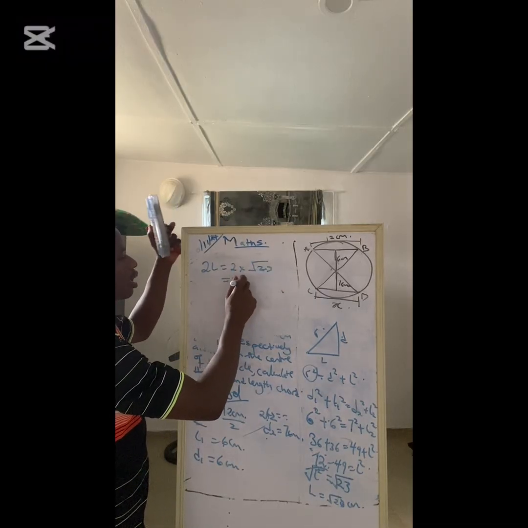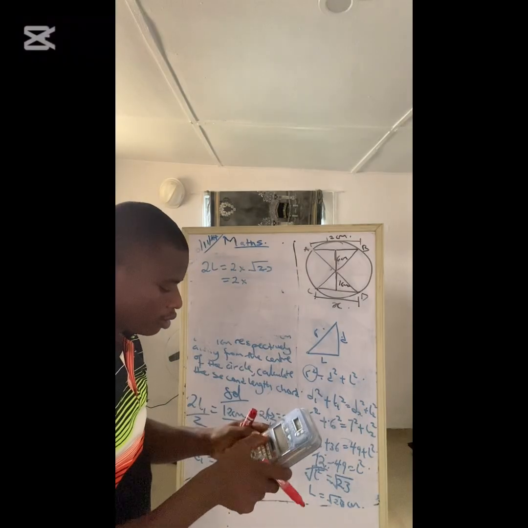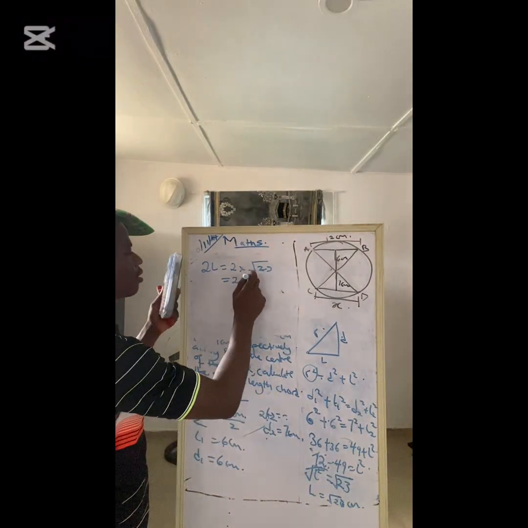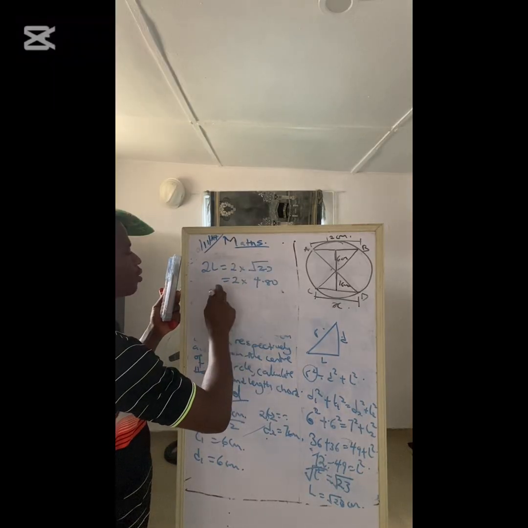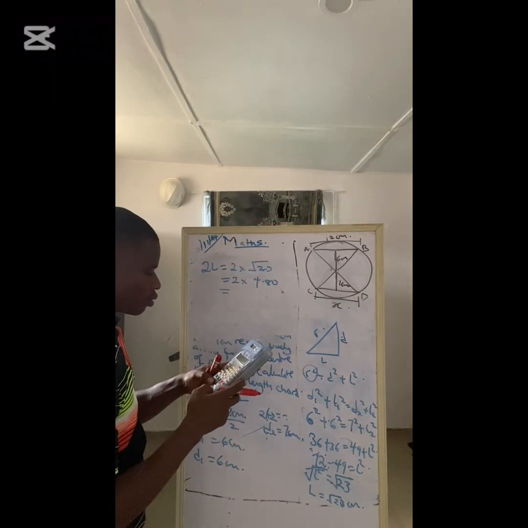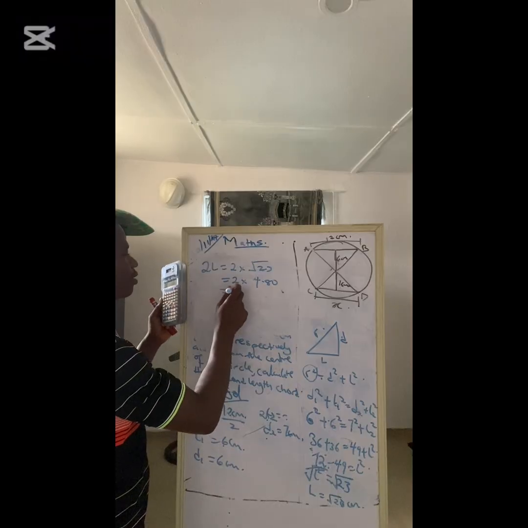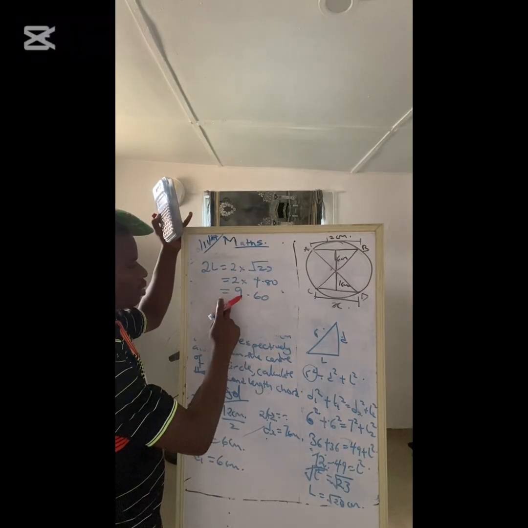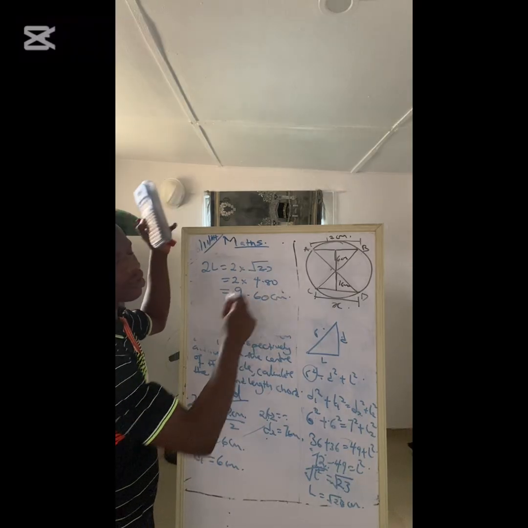The square root of 23 is 4.80, times 2, so 9.60. So that means the second length is 9.60 centimeters.